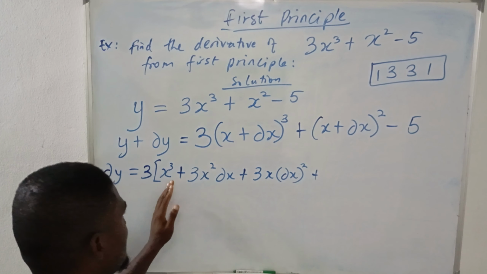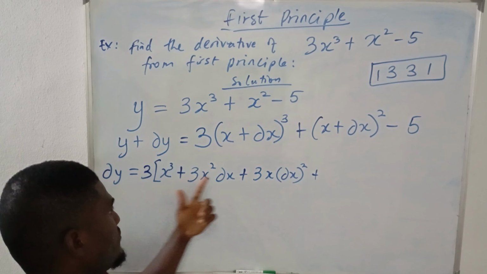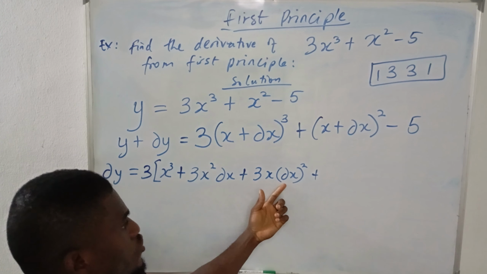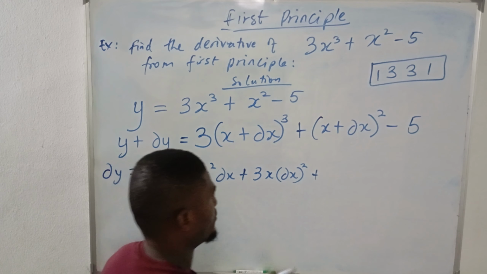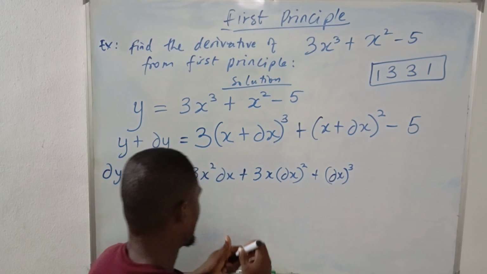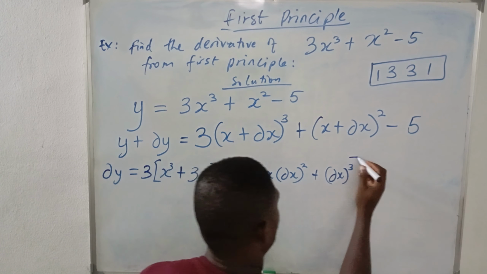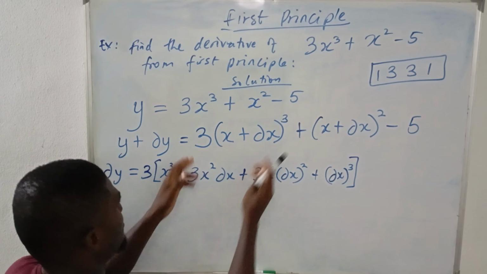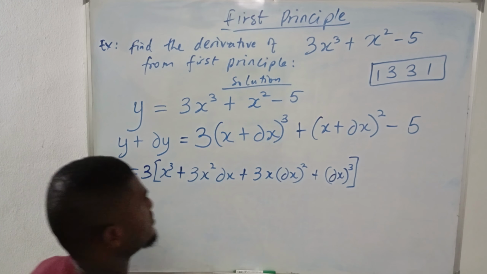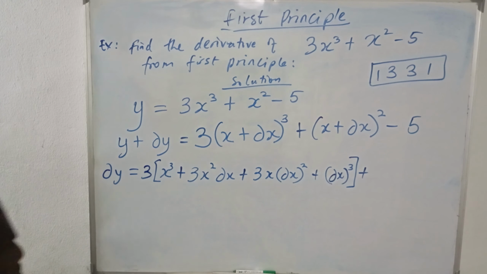Now the dx power increases from 0, that's why you don't see the x here, to 1, from 1 to 2, 2 to power of 3. So we're going to have the dx with the power of 3. Now we've successfully expanded this.